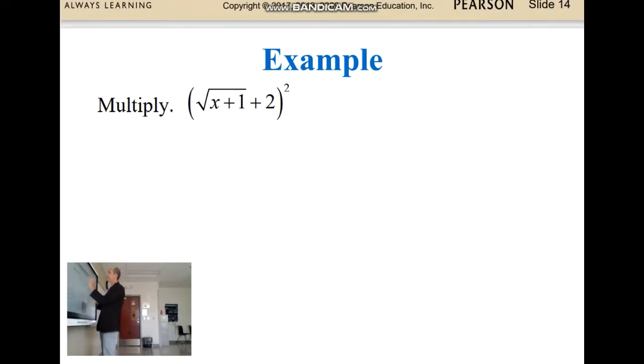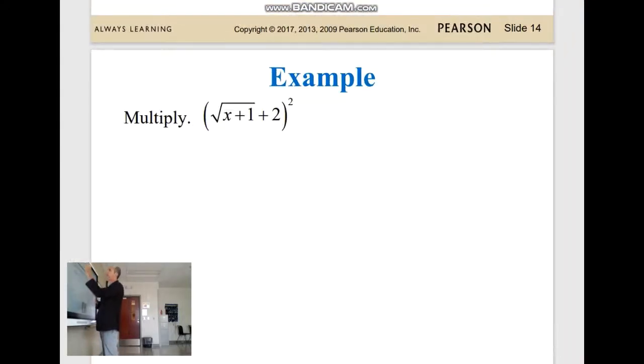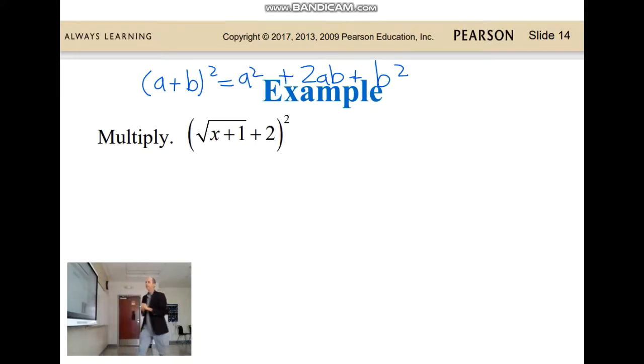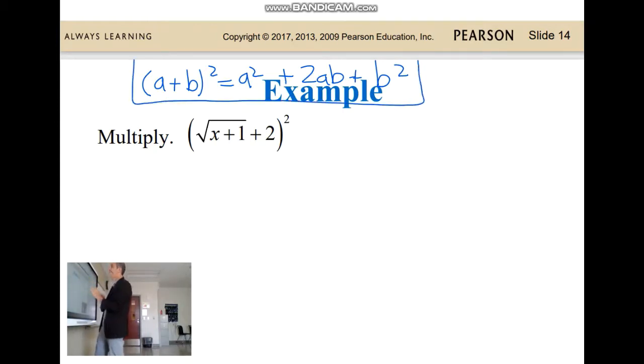Remember this one: a plus b squared equals a squared plus 2ab plus b squared. Remember this? This special product here is what we will apply.